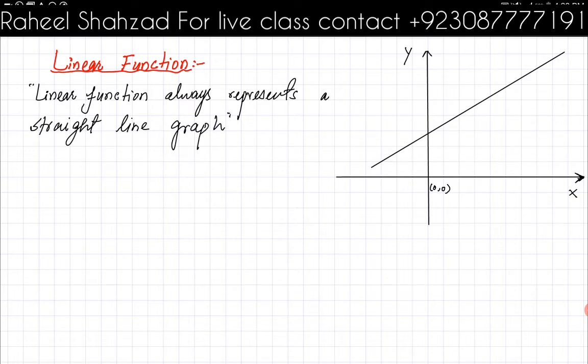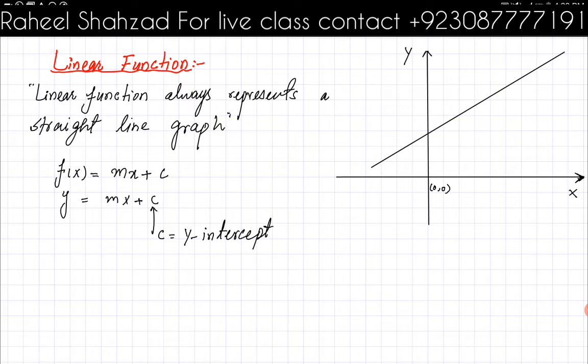Generally it is written as f of x is equal to mx plus c. So we used to write the straight line equation y equals mx plus c as well, in which this c is your y-intercept, and this m is basically the slope or gradient.